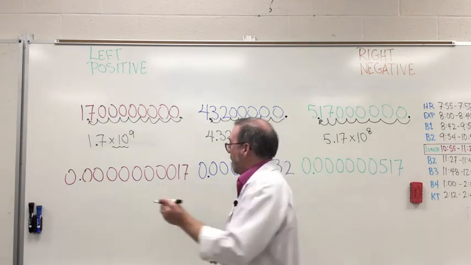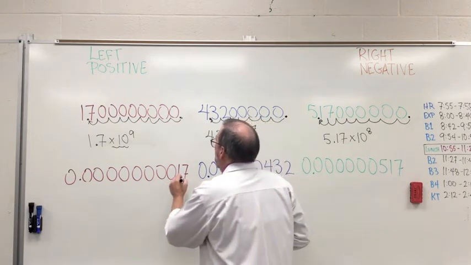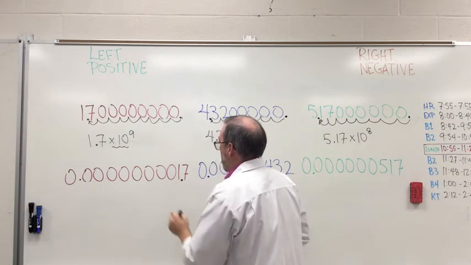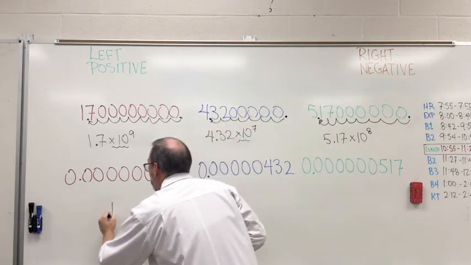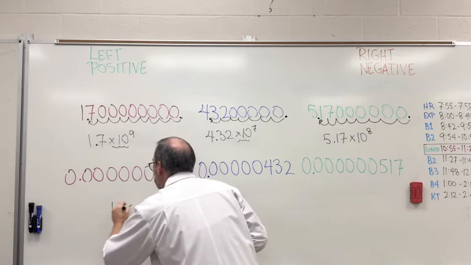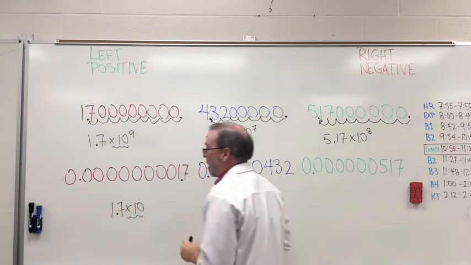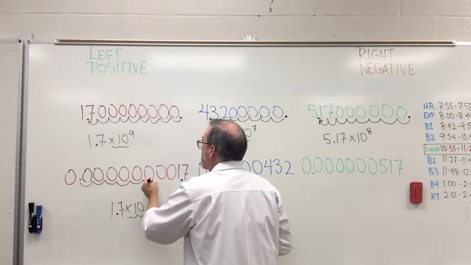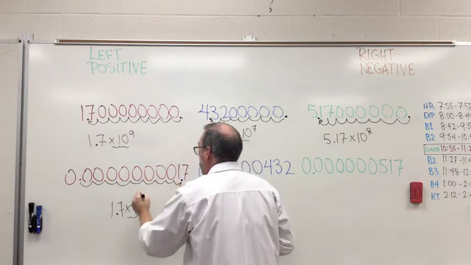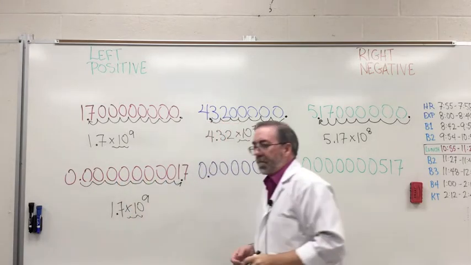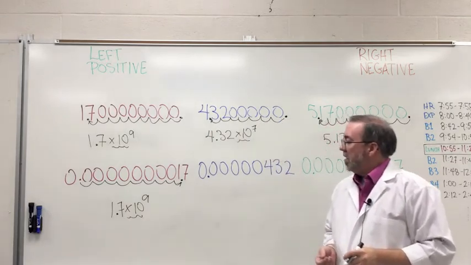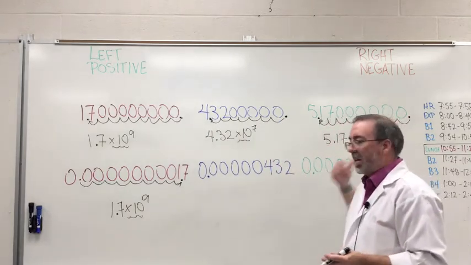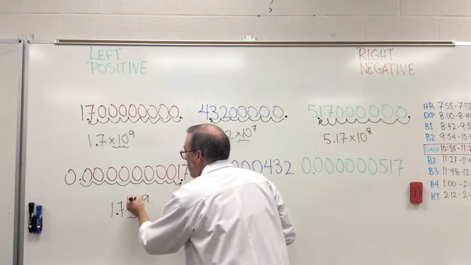So put it right here, and it's going to be 1.7 times 10. Once again, that's always written. Now let's count over. 1, 2, 3, 4, 5, 6, 7, 8, 9. Am I done? Of course not. Since it's negative, we have to make this exponent negative.